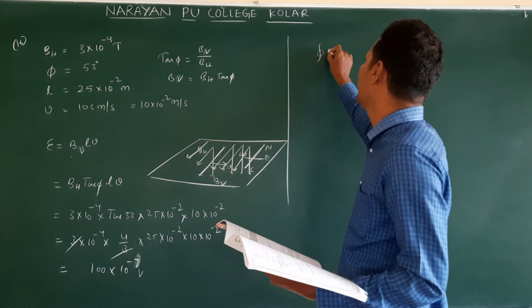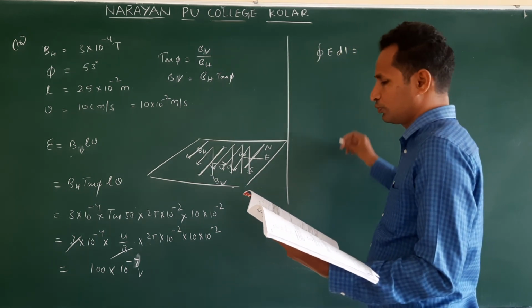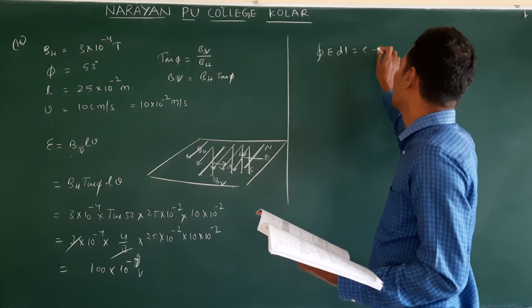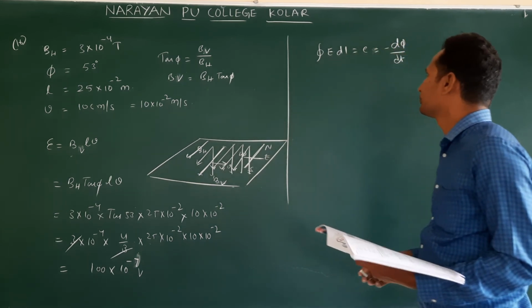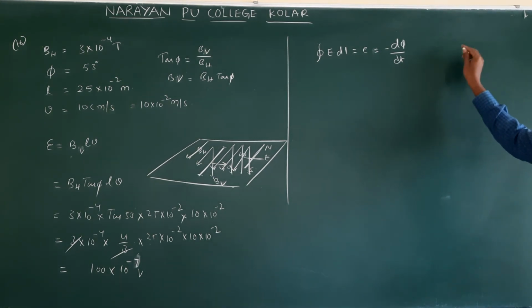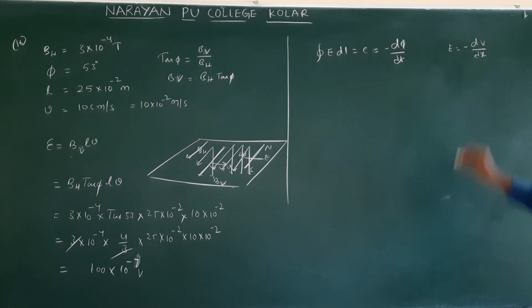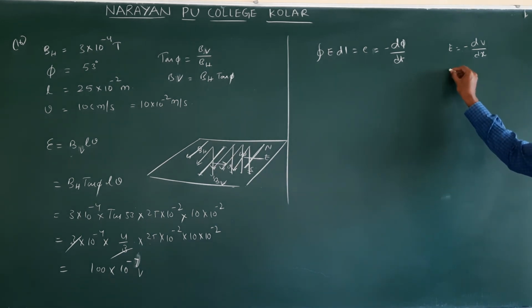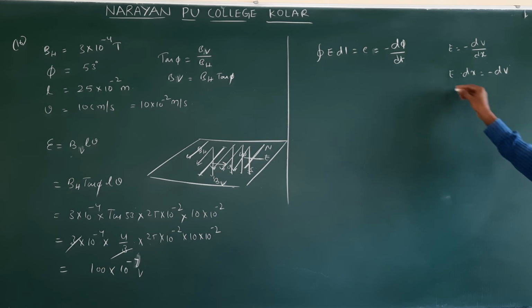That is, the integral of E dot dl is equal to the EMF, which is equal to minus d phi by dt. How do you get this formula? Already you studied. E is equal to minus dV by dx. So E into dx is equal to minus dV. If we integrate, what do you get?